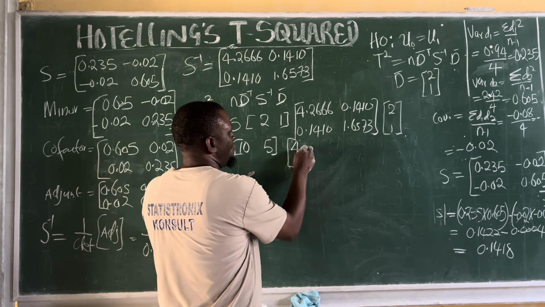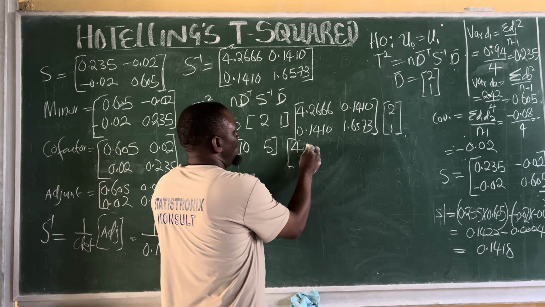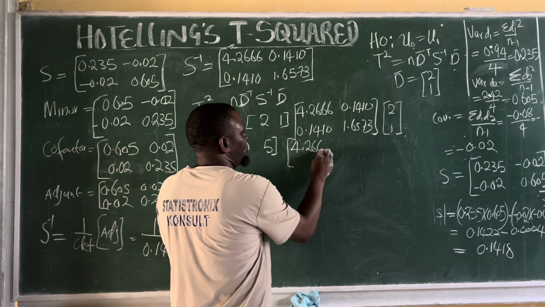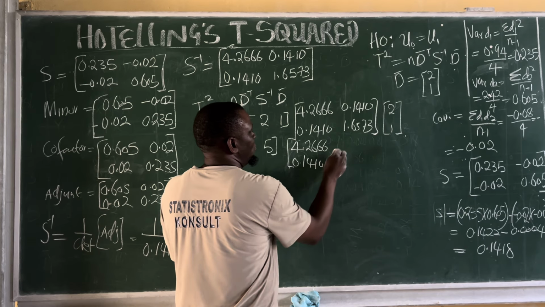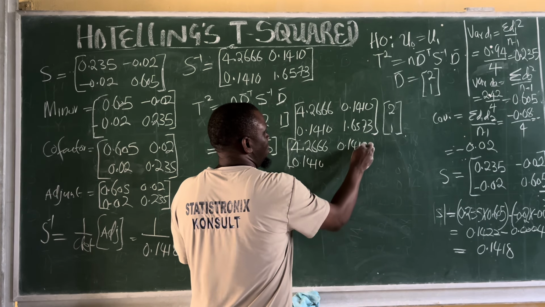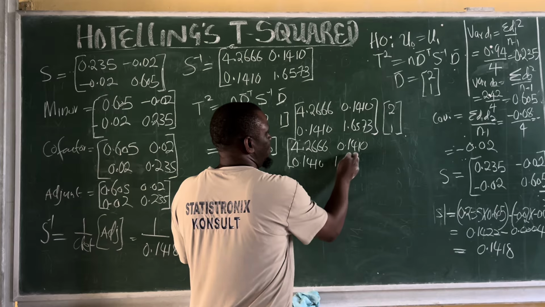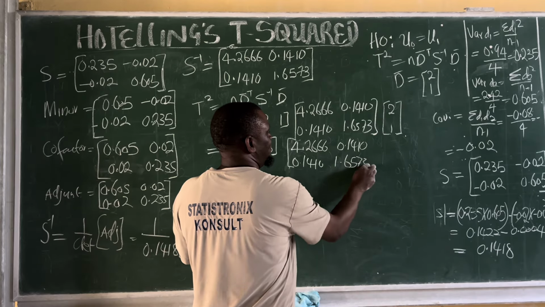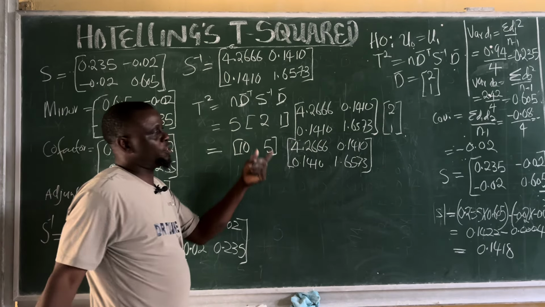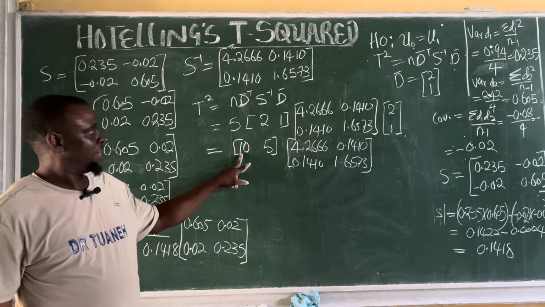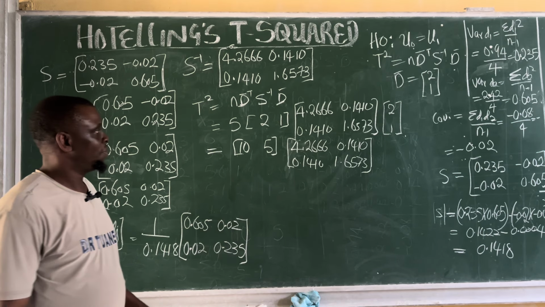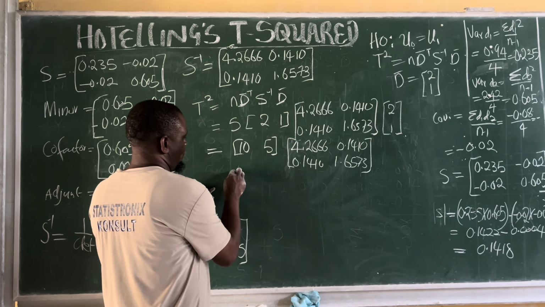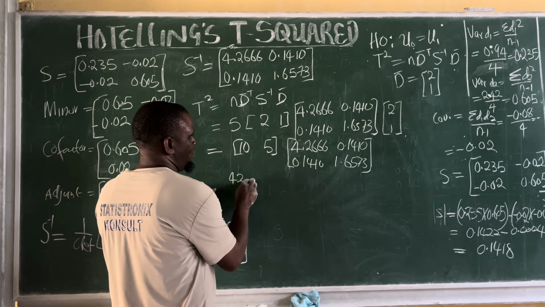So we have 4.2666, 0.1410, 0.1410, and 1.6573. So we have multiplied this one. Now 10 times 4.266 is 42.666.